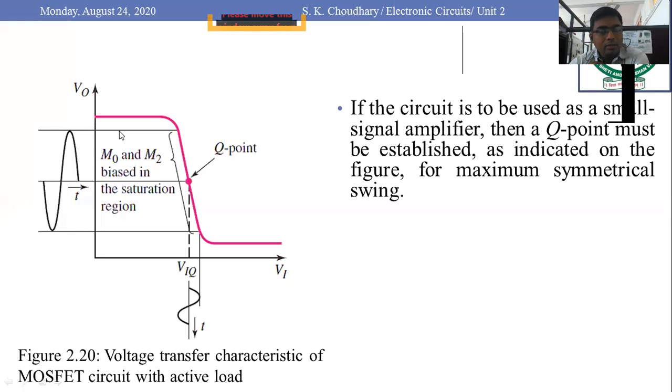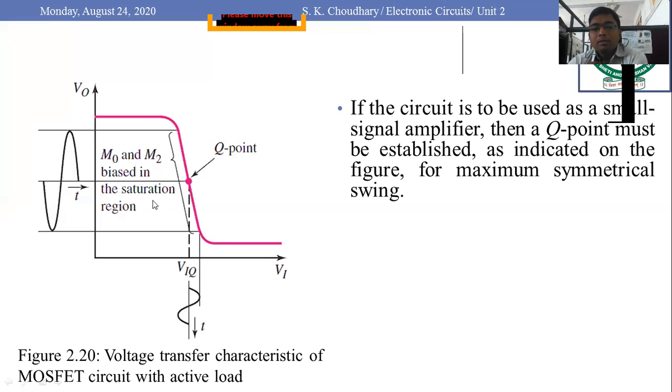This voltage transfer characteristic is similar to what we discussed in the CMOS inverter. Initially when Vi is very small, the output would be maximum. When you gradually increase Vi, the output voltage tends to decrease, and some slope is formed. Again, when the input voltage is increased beyond some level, the output voltage would be minimum.